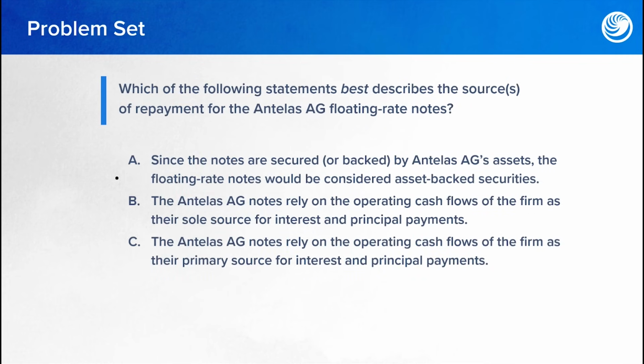Which of the following statements best describes the sources of repayment? So the primary source should be the operating cash flow. The secondary source are the general assets because it's secured by the general assets. It's not asset-backed. Asset-backed securities, that's when you look for a special purpose entity, a variable interest entity.